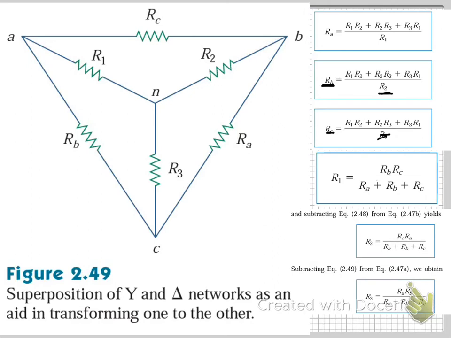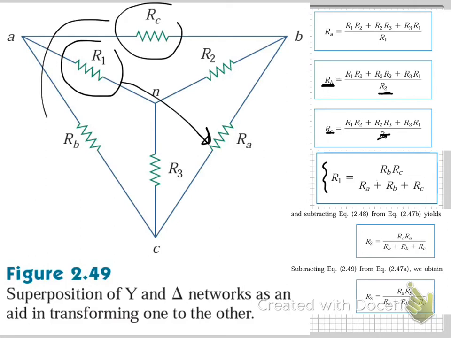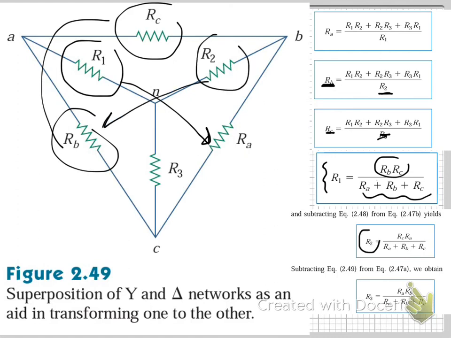And when you're going to your Y, let's look at R1, right? The opposite to R1 is RA. So basically, you multiply the two that are not opposite, RB, RC, and divide by the sum of the rest, right? R2, the opposite of it is RB.